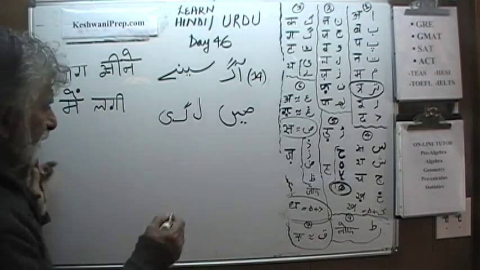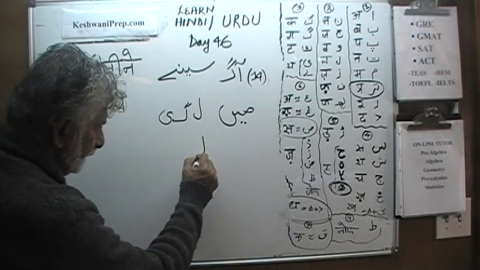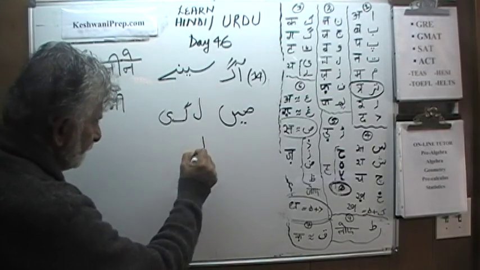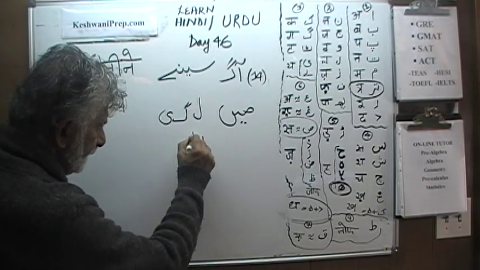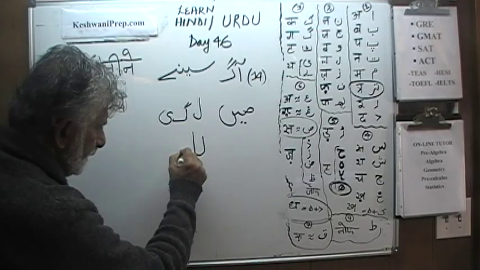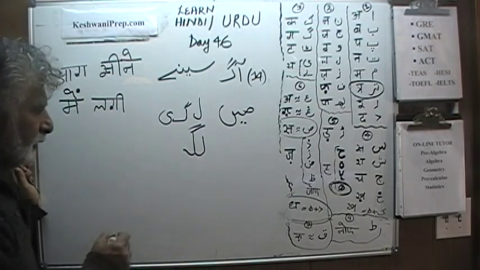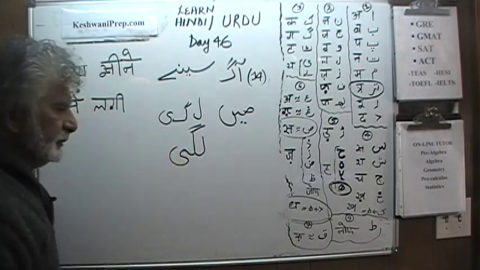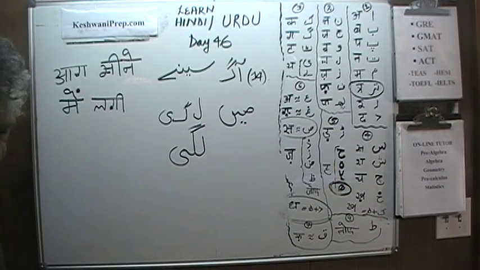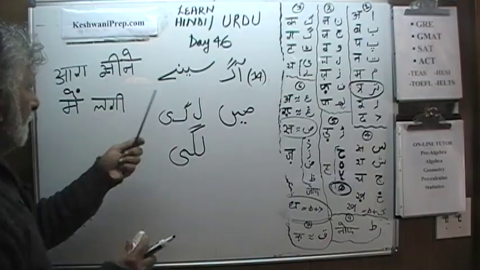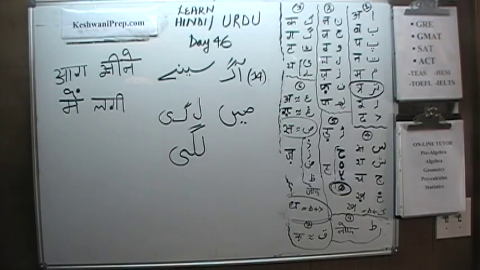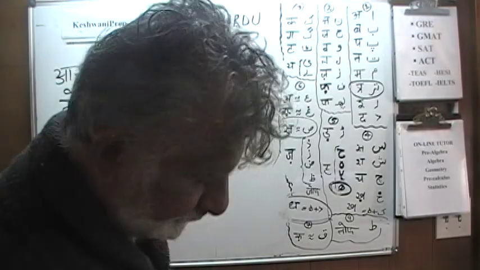First, this guy is going to get up a little bit, like this, and then this ga that you see here is going to continue. It's going to start from here. So far it says lag. This is la and this is a ga, to which we're going to join ee ki matra. Lagi. That's how it has to look. Oh, we already finished it. There you go. Aag sine mein lagi. There was a fire in my chest.